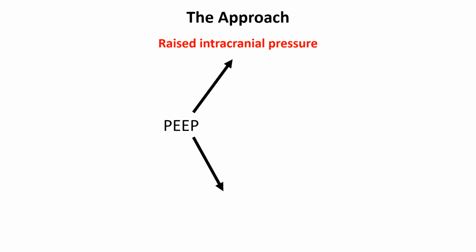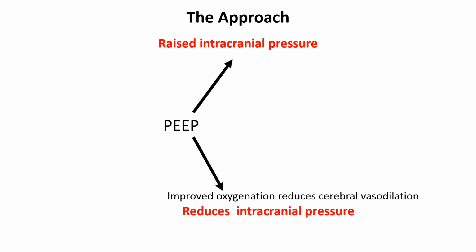PEEP can increase intrathoracic pressure, which may impede cerebral venous outflow, potentially leading to elevated ICP. Conversely, in certain conditions, PEEP has been observed to decrease ICP, particularly in hypovolemic states. PEEP enhances oxygenation, reducing hypoxic cerebral vasodilation, which can lower cerebral blood volume and subsequently decrease ICP.